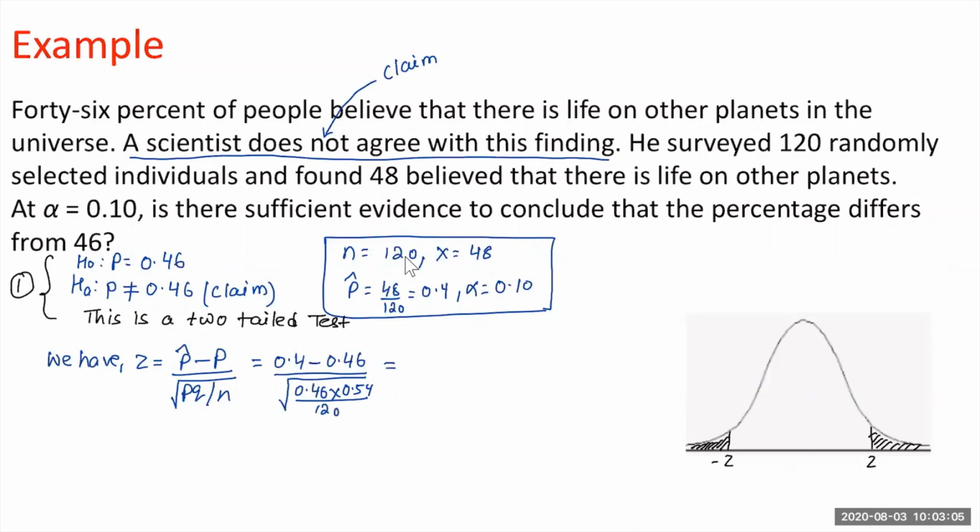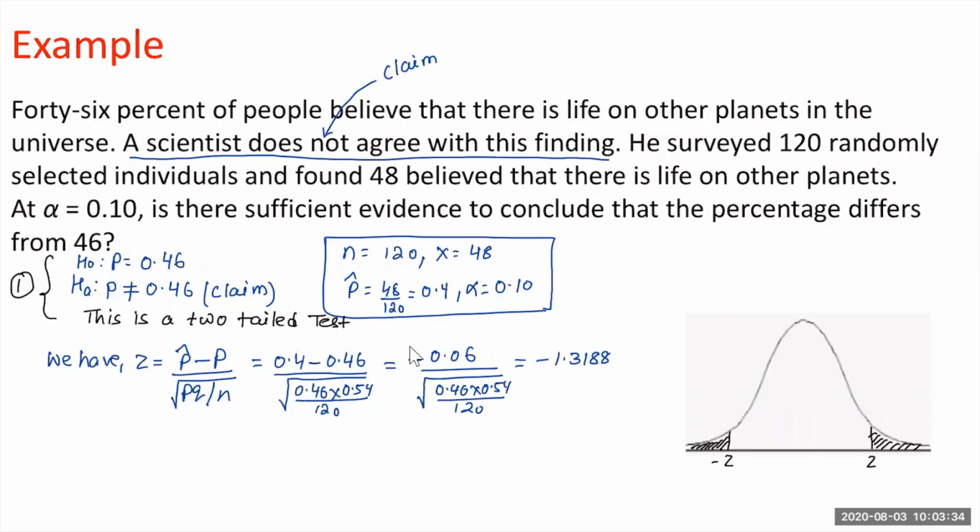So if we simplify this, you can see 0.4 minus 0.46 is negative 0.06, divided by, inside the square root, 0.46 times 0.54 over 120. Now we can simplify this using a calculator, and the result will be negative 1.3188.